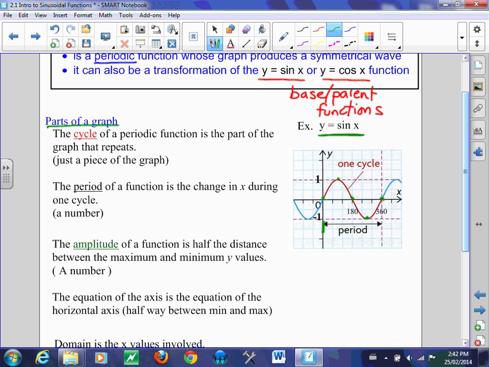So the period is a number value. It can be in degrees, it can be a time value, it can be number of revolutions. The amplitude is half the distance between the minimum and the maximum. And let me just back up for a second with the period. A common example is 360 degrees for a parent function. And just remember, it's how long it takes to repeat.